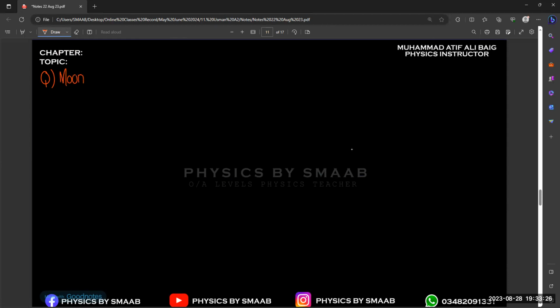So if we take the example of the moon, it basically shows you that the values on the earth are different from the values of the moon, right? Normally it will be less than the earth.